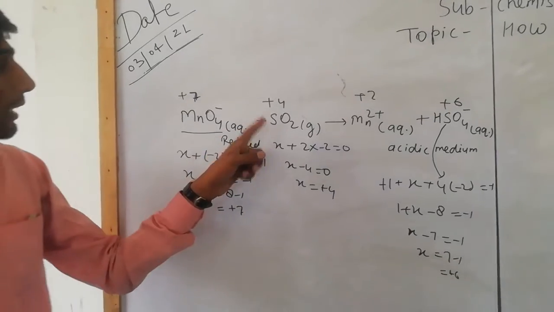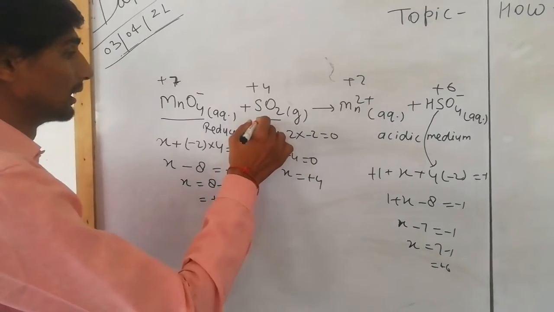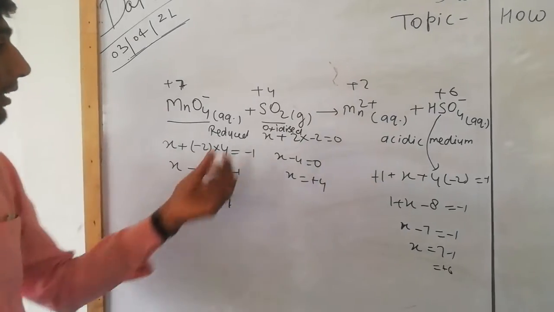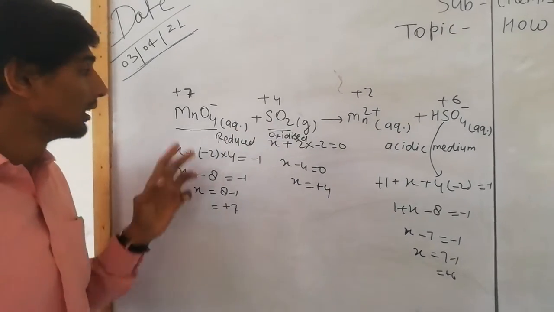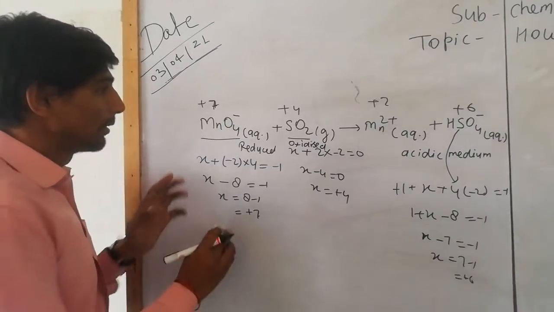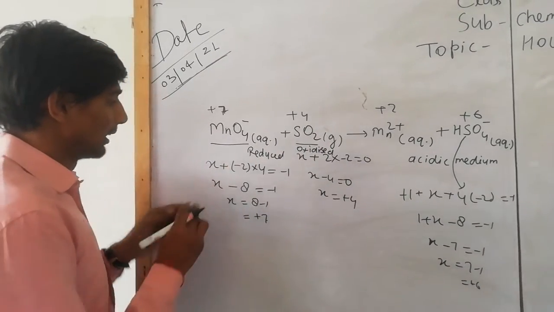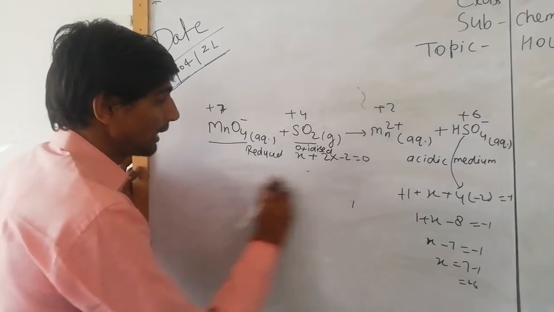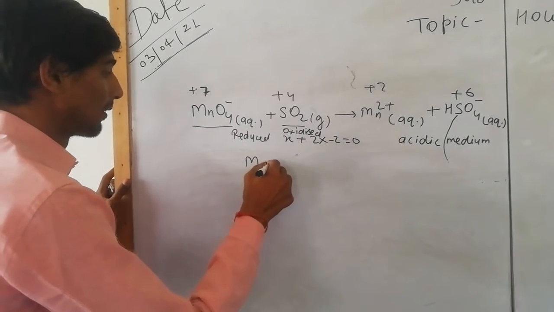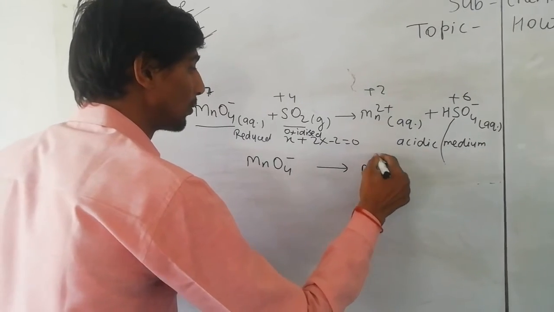So here there is an increase in the oxidation number of sulfur, so this substance is oxidized. Because an increase in oxidation number means the substance is oxidized, and a decrease in oxidation number means the substance is reduced. So we have two reactions, one is the oxidation reaction and the second is the reduction reaction. First is MnO4 minus changing into Mn2 plus.